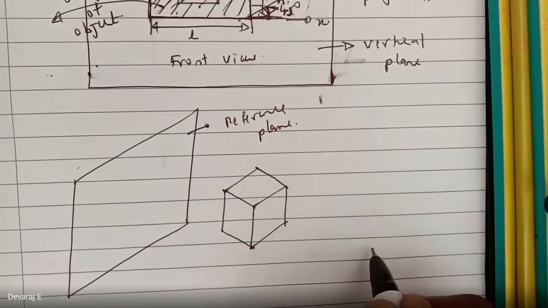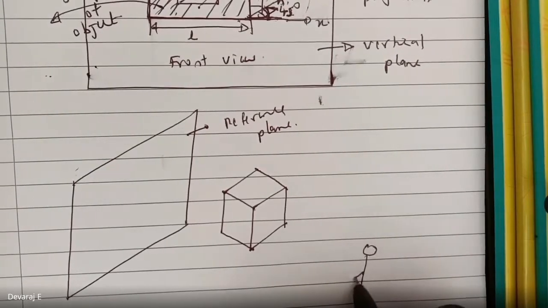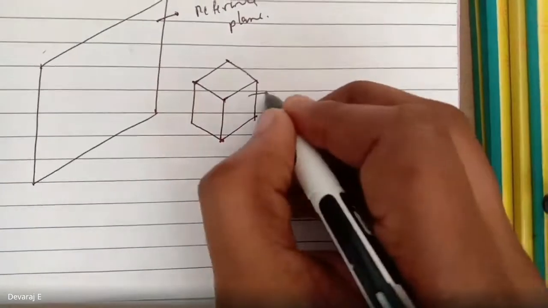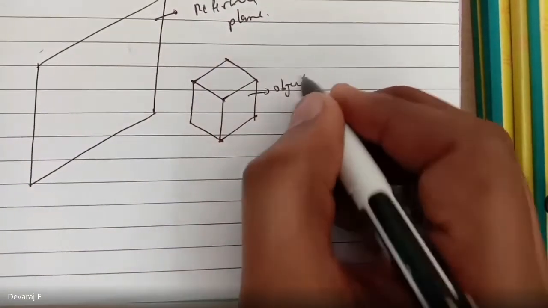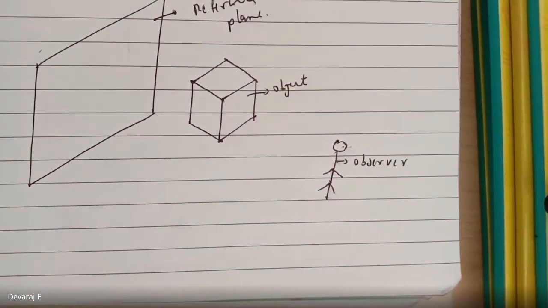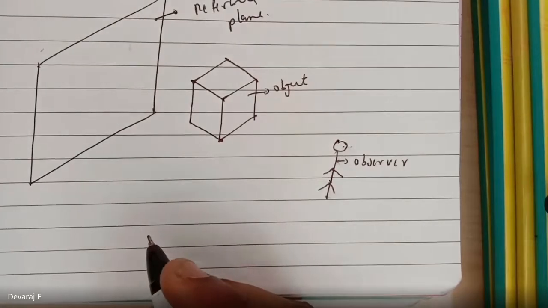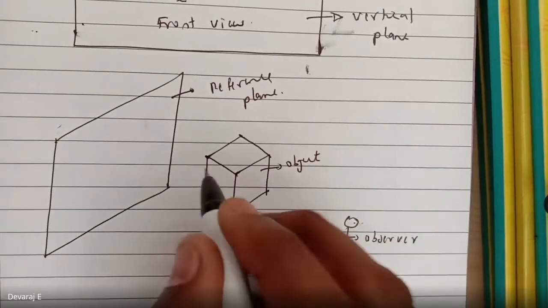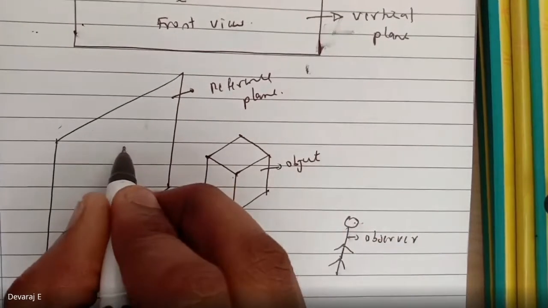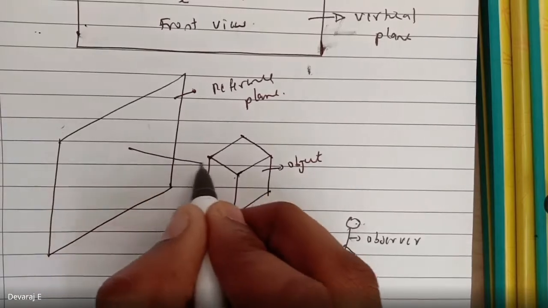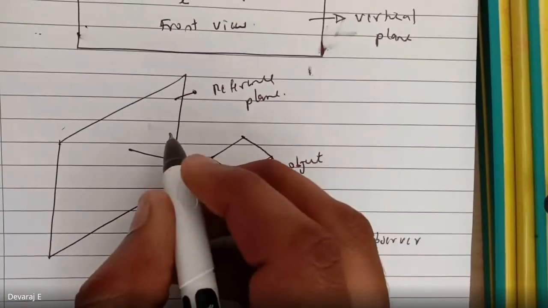Here the observer will be there, then the object, and this is the reference plane, right? When the observer is viewing, the projectors which fall on the reference plane will be like this.